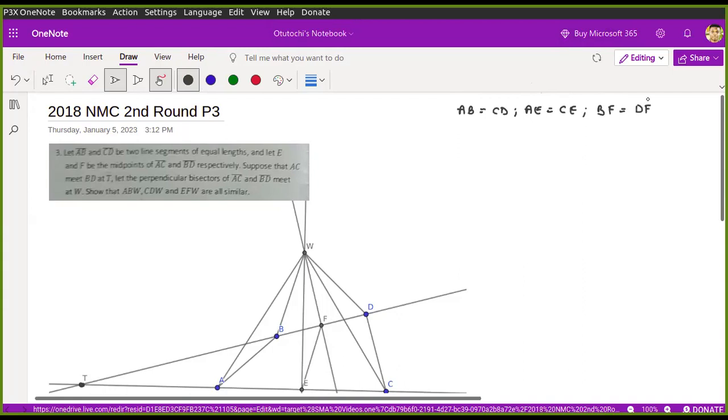We are also told that WE and WF are perpendicular bisectors. So we can use that to establish some kind of similarity, which is always present whenever you have perpendicular bisectors. So let's start with WF, right? WF is a perpendicular bisector. We have that, of course, BF equals DF.